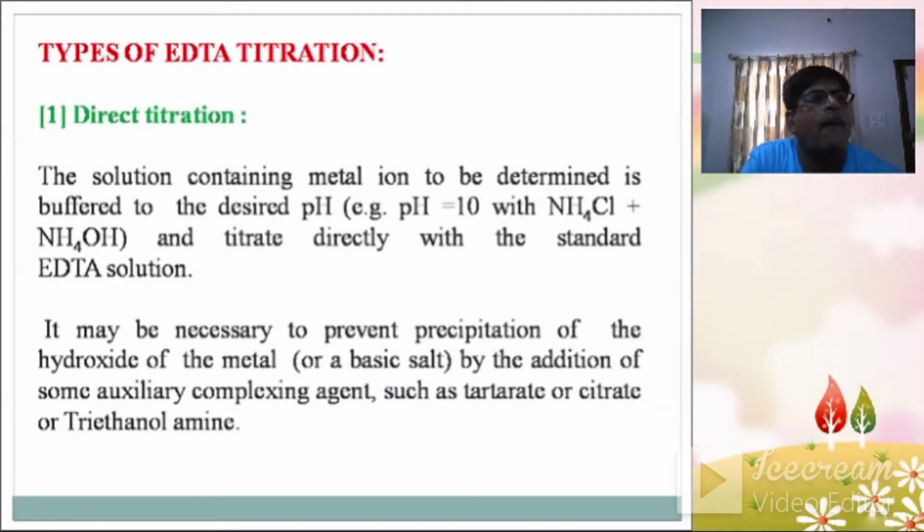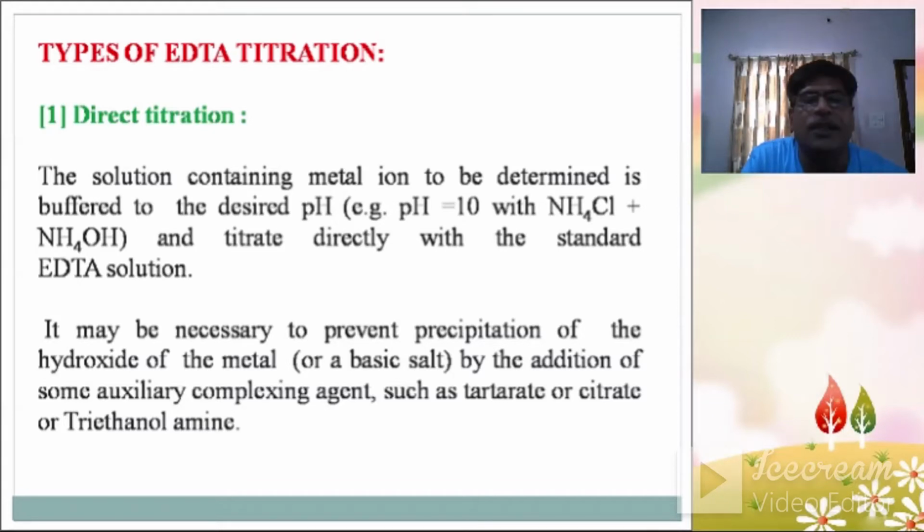In types of titration, the first is direct titration. There are about four dozen elements which can be estimated by direct titration with EDTA using a metal ion indicator.